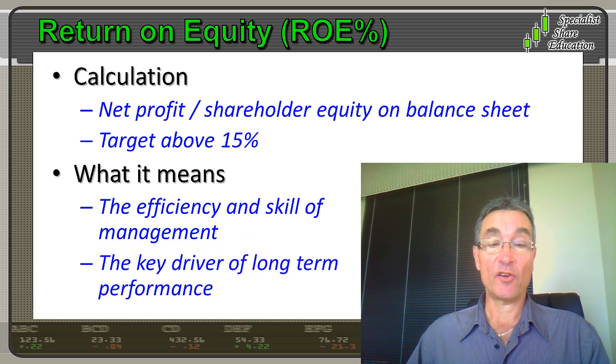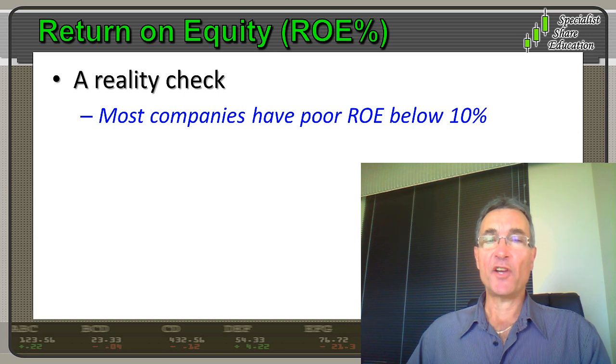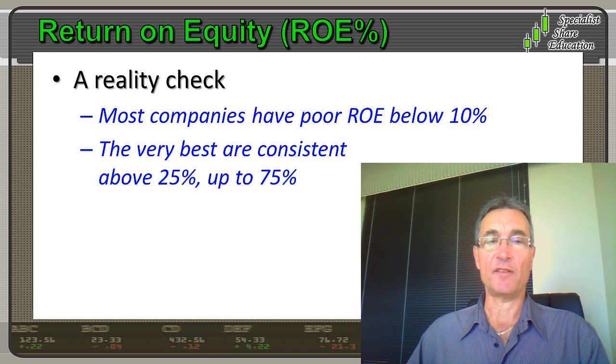And it's absolutely the key driver of long-term performance. That's been demonstrated by various studies. So let's do a bit of a reality check. Most companies have a poor return on equity below 10%. But the very best companies are consistently above 25% and up to 75%.